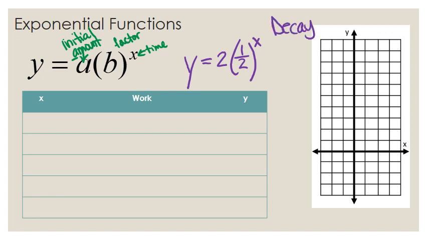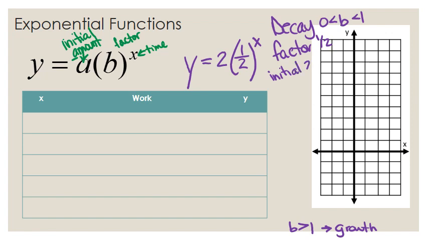It is decay because 1/2 is between 0 and 1. So when b is between 0 and 1, it's decay, which means, just a little hint here, not on this one, but if b is greater than 1, that's when it's growth. Okay, that's the difference. So this one's decay. My decay factor is 1/2, and my initial amount is going to be 2.